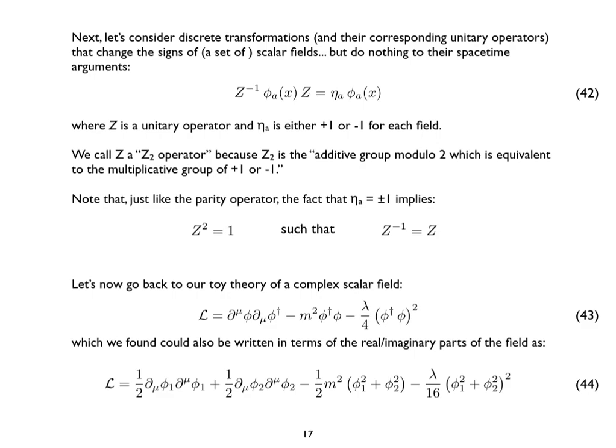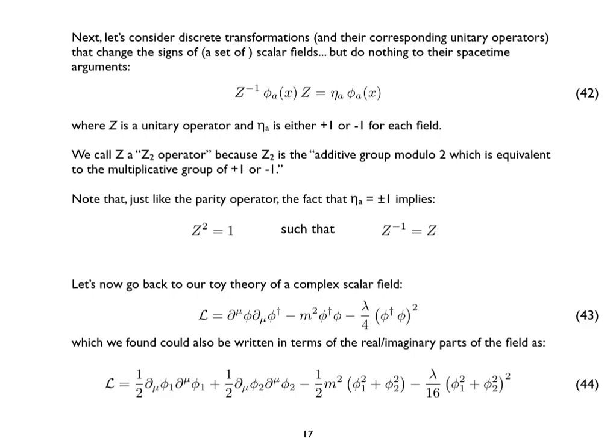Right? So you define some operator Z. It's a discrete unitary operator, and when it operates on the field, it gives you the field back, and in general it can have some number, eta. Here I have the technical blurb about it.